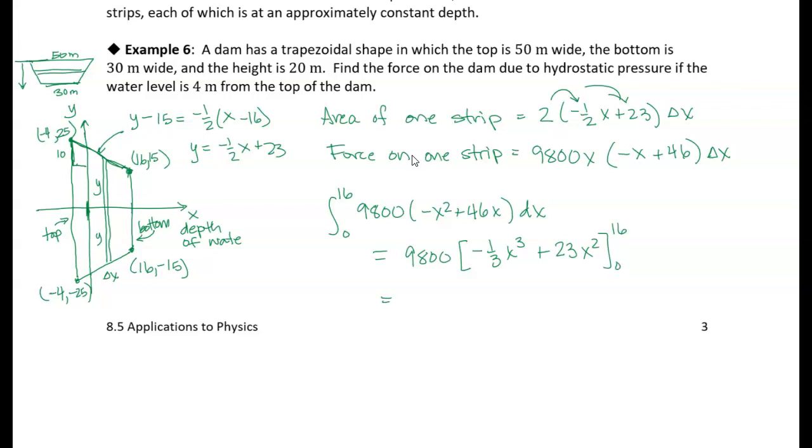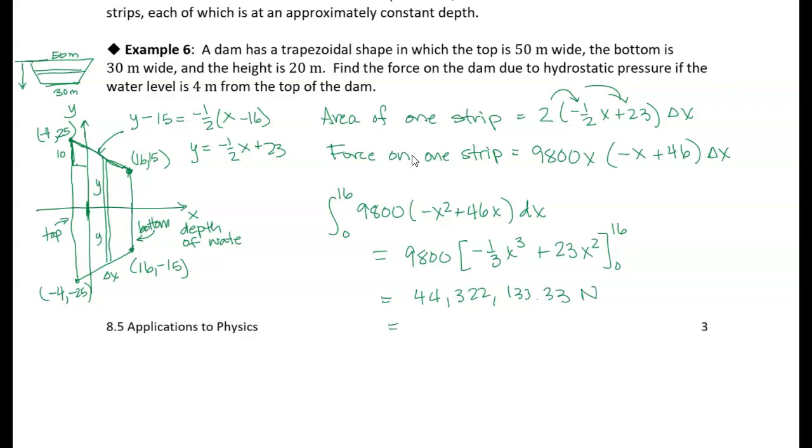All right, so now it's just a matter of putting it in my calculator. This is a big number because I have 16 cubed and 16 squared. So if I write this all out, I get 44 million 322,133.33 newtons.